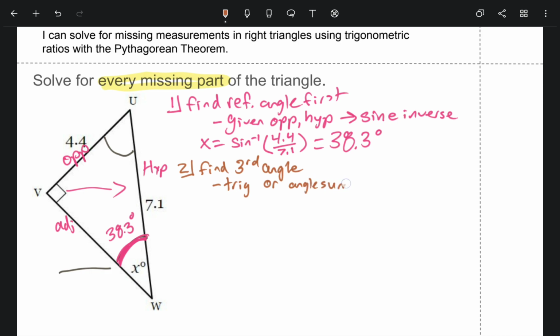I think that one's a little easier because all you got to do is 180 minus 90 for our right angle minus our reference angle of 38.3 degrees. And these will give you the third angle of 51.7 degrees.